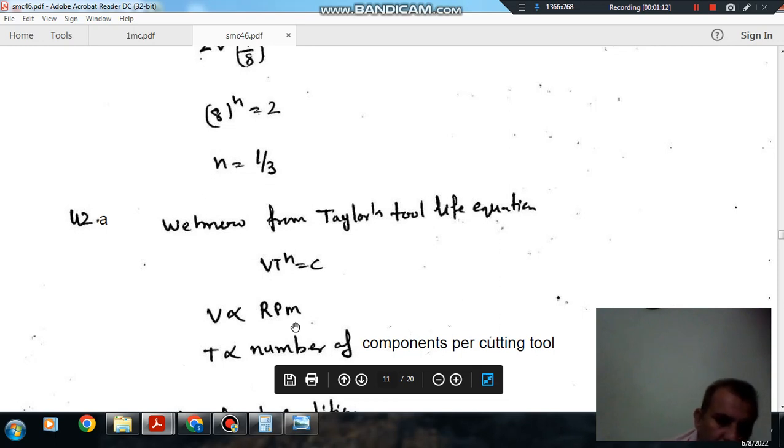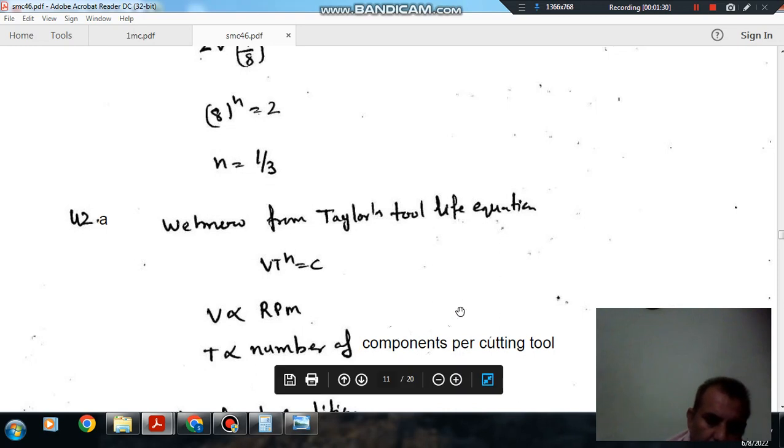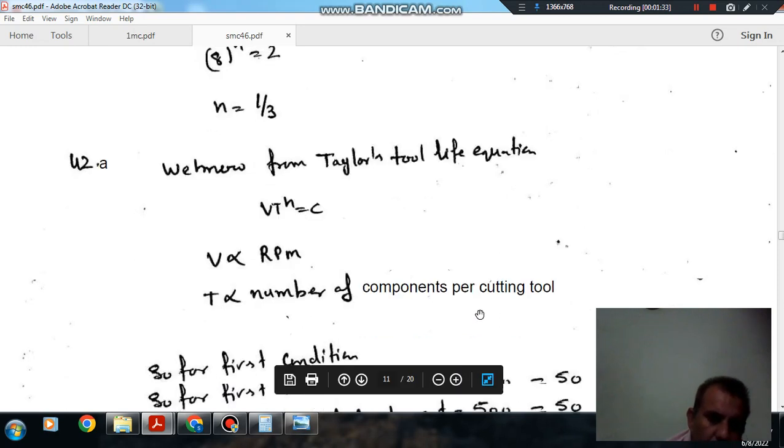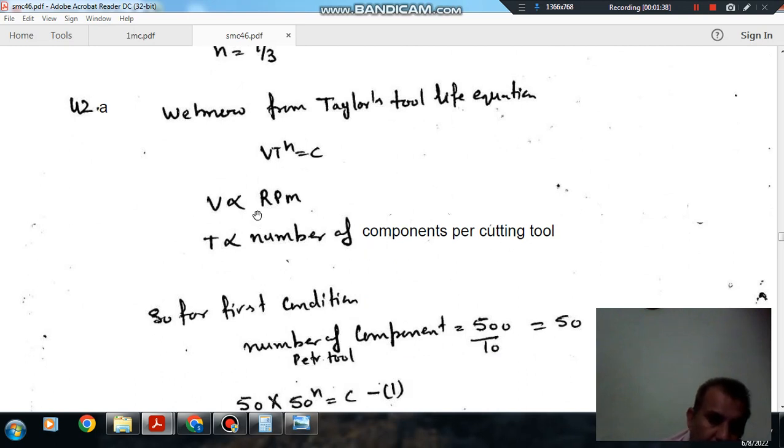And T is tool life, and tool life is directly proportional to the number of components produced per cutting tool, because the higher the tool life, the higher the number of components produced by that same tool. So T can be taken as directly proportional to the number of components per cutting tool, and V can be taken as directly proportional to RPM.